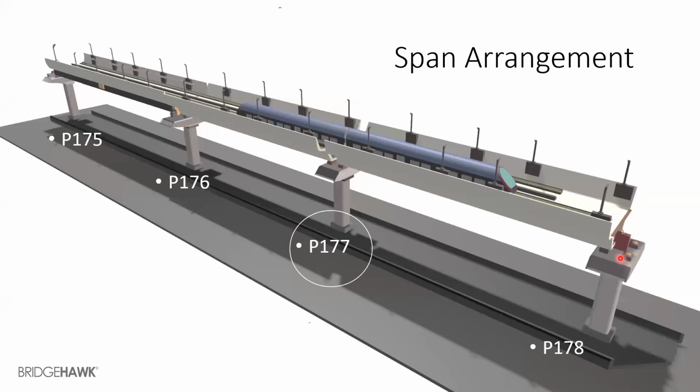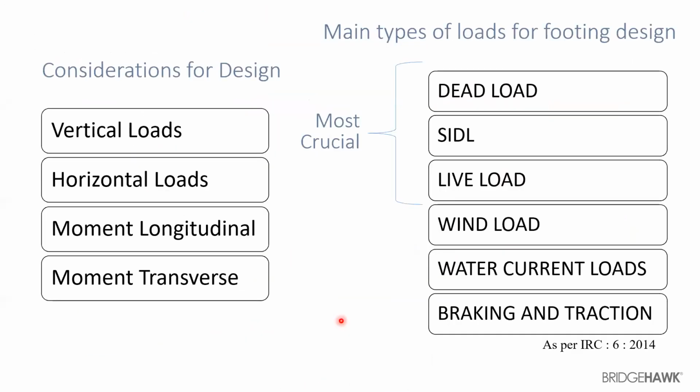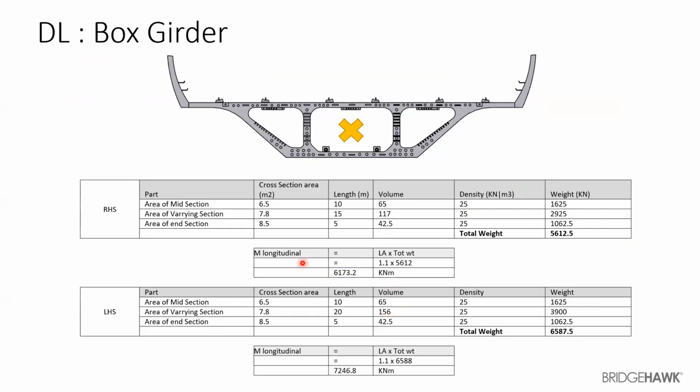That has to be indicated in the table, which I had mentioned over here. It is 1.1 over there. I've mentioned 1 over here. So this bearing center to the pier center will indicate the lever arm, which has to be taken into consideration when I'm calculating the longitudinal moment. So this now gives me 5,600 into 1.1. This gives me the longitudinal moment for my section.